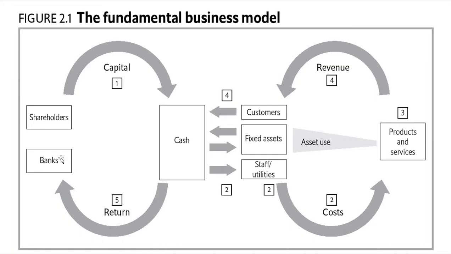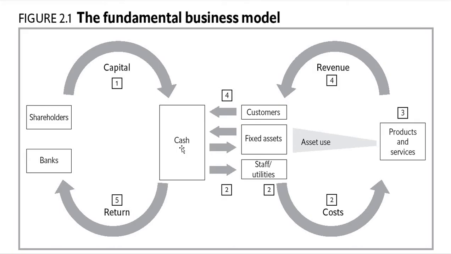Or it is also possible that the cash that will be used by the business comes from the banks, in the form of liability or borrowing. So it is possible that the owners have no money, but instead borrowed from the bank to have a startup for their business. So again, shareholders and banks will provide capital to the business in the form of cash.